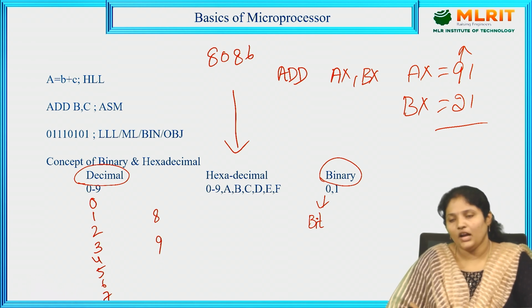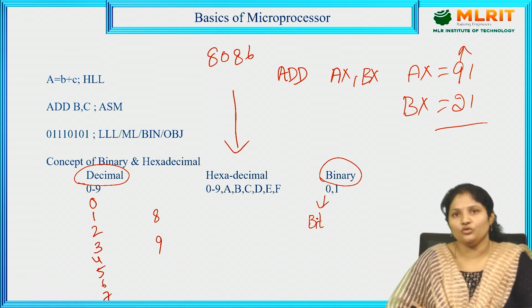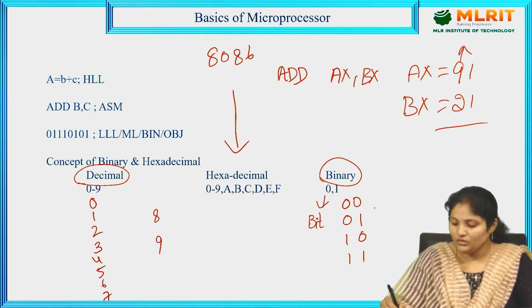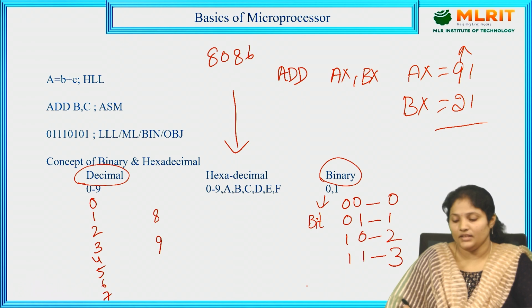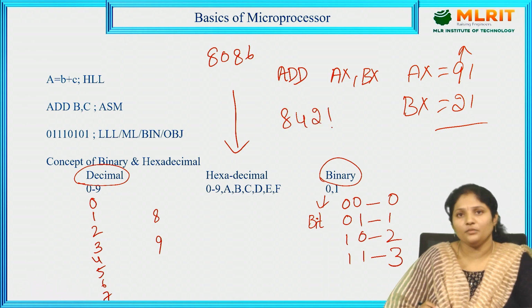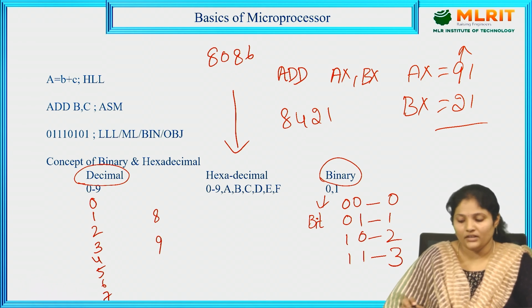Using 2 bits, how many combinations can we make? There will be 4 combinations: 00, 01, 10, 11. So we can represent 0 to 3. The basic number format of binary is 8421, which you can use to write decimal numbers in binary.